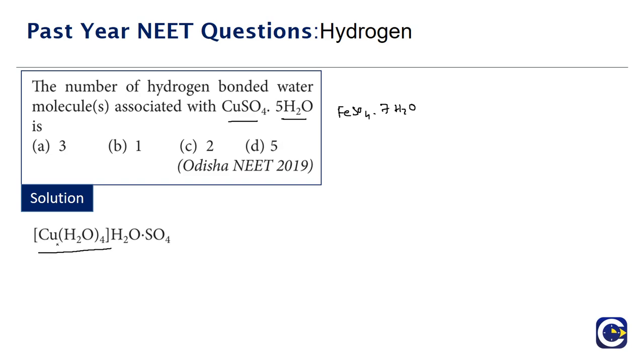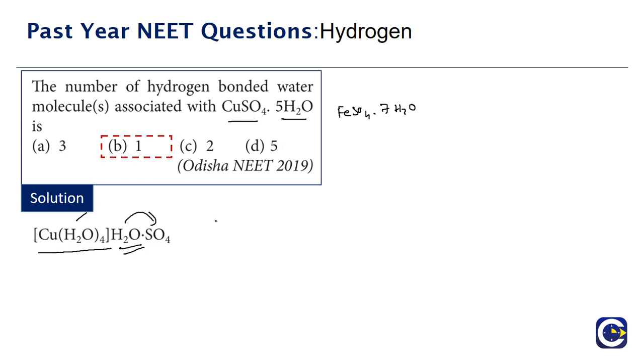Within the parenthesis we have Cu(H2O)4, which means the 4 water molecules are bonded to the copper ions through coordination bond, and the water molecule which is outside the coordination sphere is basically the one that is hydrogen bonded to the sulfate ions. So only one water molecule is hydrogen bonded, the other 4 water molecules are bonded to the copper ions through coordination bond.